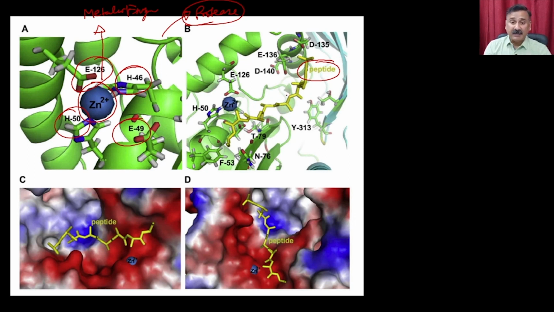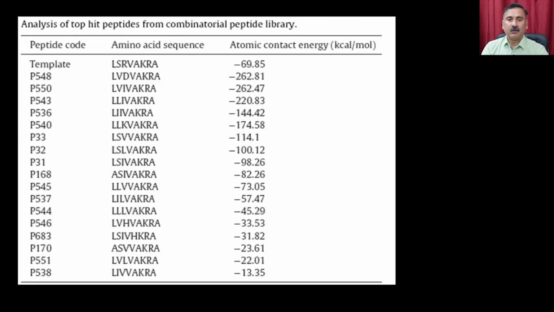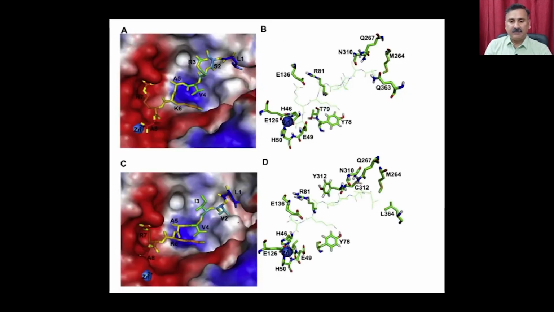Considering these peptide sequences, starting from a very crude sequence, we identified the refined sequence which will fit into this. We did a similar kind of approach, with substitutions and all that. What we found is that these are the amino acid sequences which fit into the active site very nicely, and these are the final peptides which fit into the active site and can be cleaved.